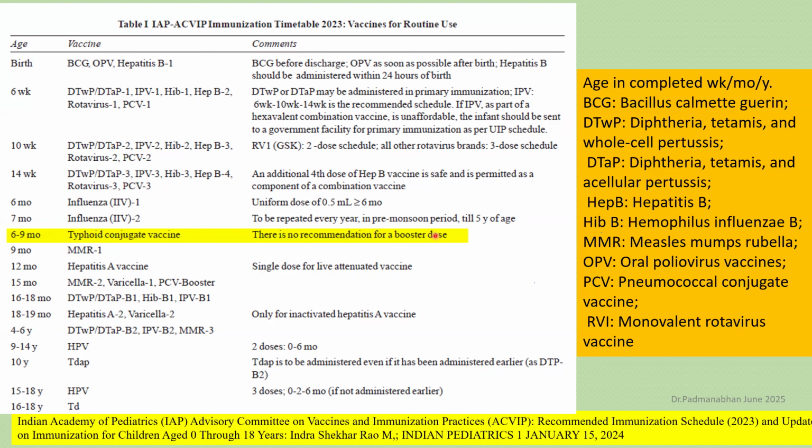We give many live vaccines boosters except for hepatitis A. Everywhere it is given a booster. Killed vaccine boosters are required, but the conjugate vaccine you don't give. They have not written it here, but I read it somewhere that because salmonella is so ubiquitous, one dose is enough. The salmonella which you get from your food and water will act as a booster dose for you. That might be the reason.